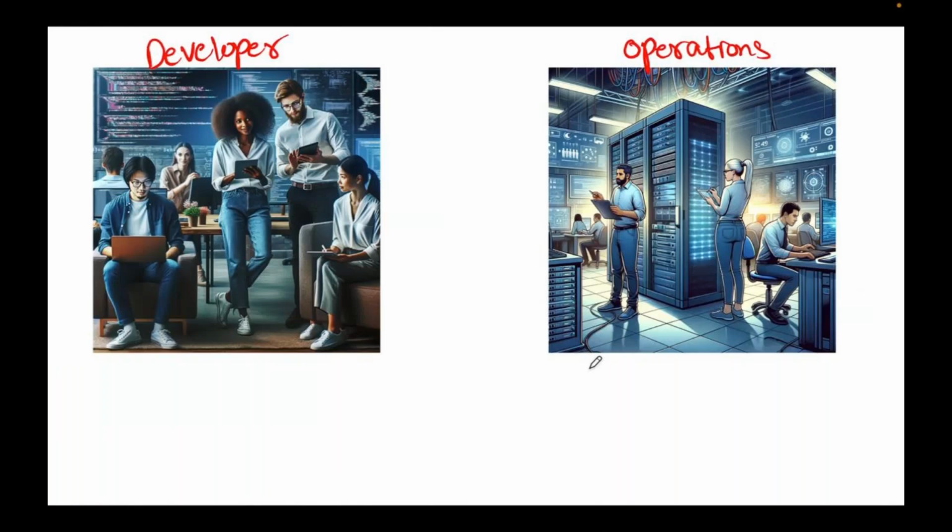Now we have two teams, as I said, developers and operations. The problem here is these two teams have two different roles, guys. When it comes to the developer, their role is to write programs, nothing but coding, like Java, JavaScript, Python, .NET, and so on.